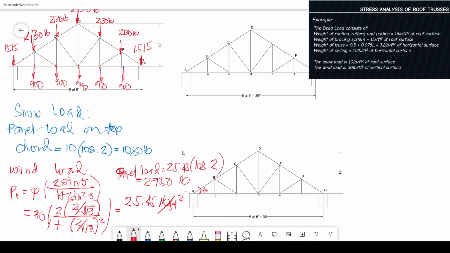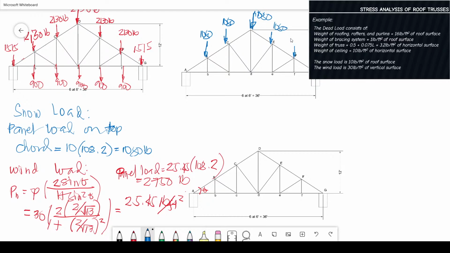So let's put these loads on our truss. We have the dead load, the snow load, and the wind load. The snow load is the same, 1080.